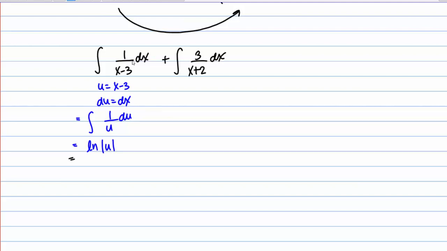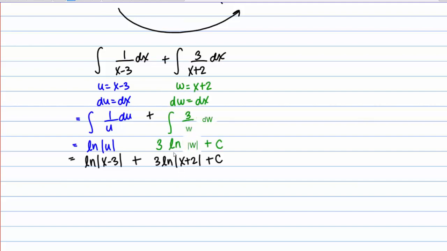And if I substitute back in my u, I get the natural log of the absolute value of x minus 3. And we could do the same thing for this other integral here. And we end up with another natural log expression. So then this expression here would be our final answer in this case.